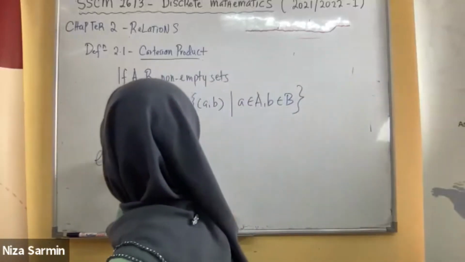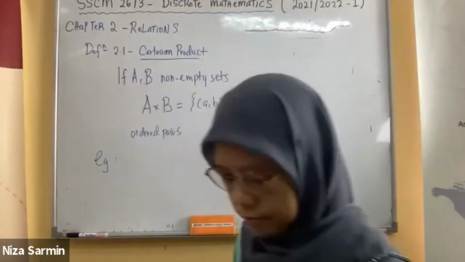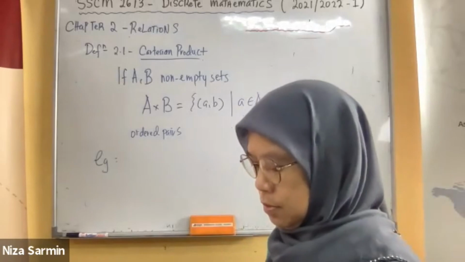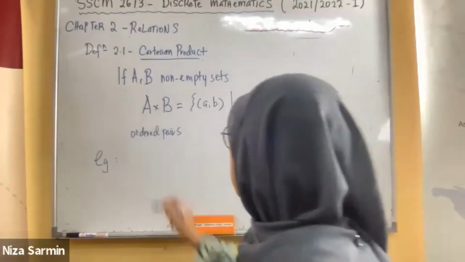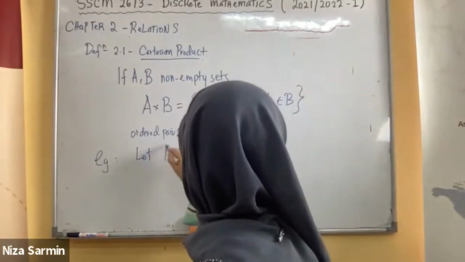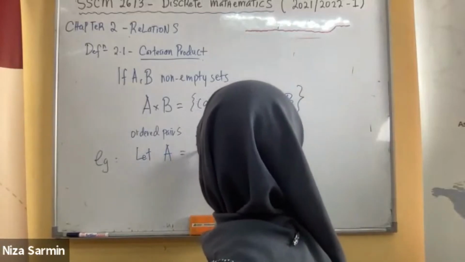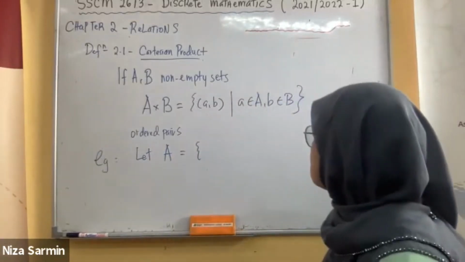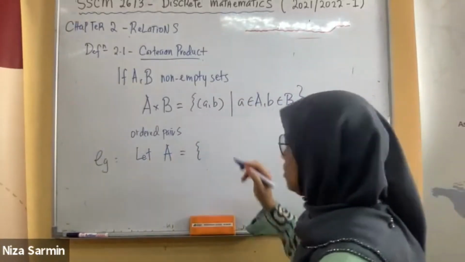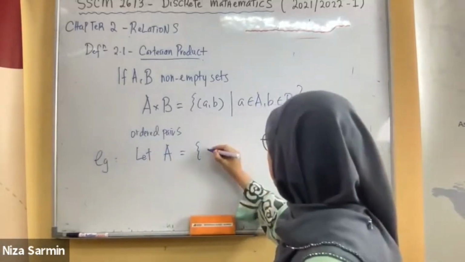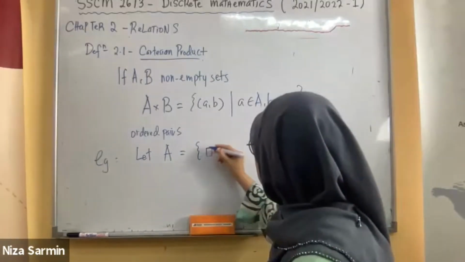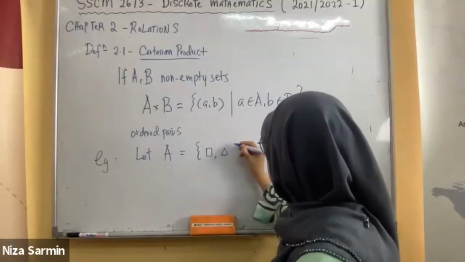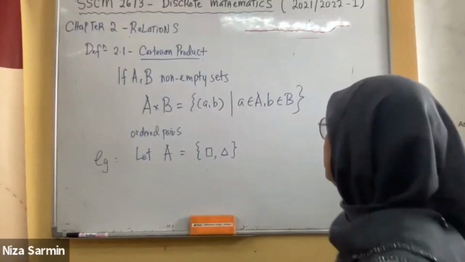Okay, so for example, let A be, maybe we draw something today. That's a square, that's a triangle.